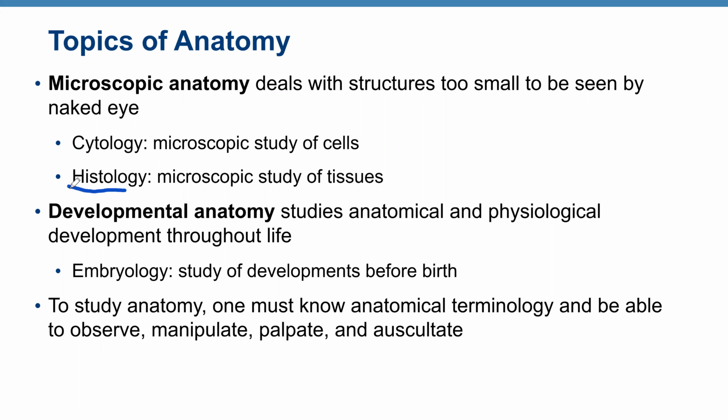Histology is the microscopic study of tissues. Another topic of anatomy includes developmental anatomy that studies anatomical and physiological development throughout life. Developmental anatomy includes embryology, that is the study of development before birth.